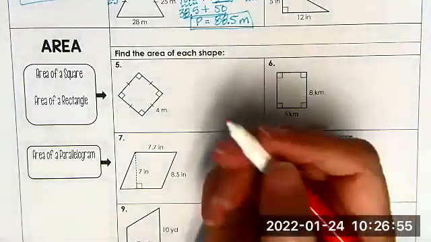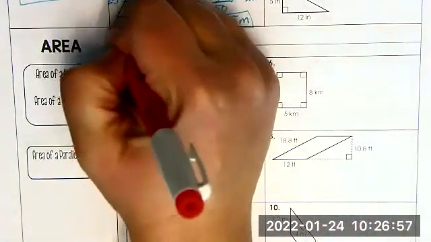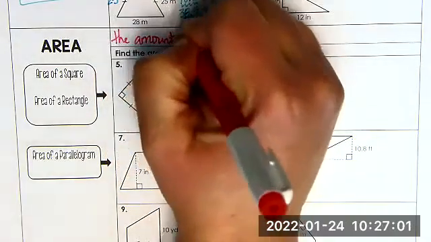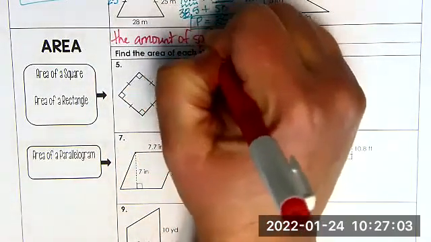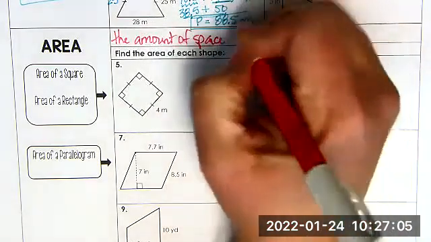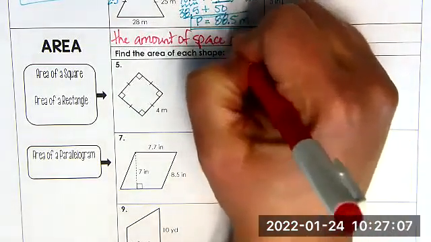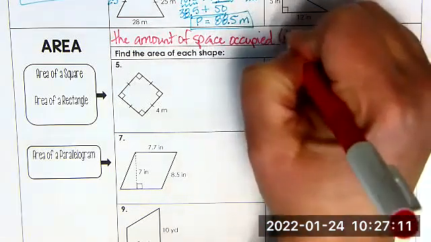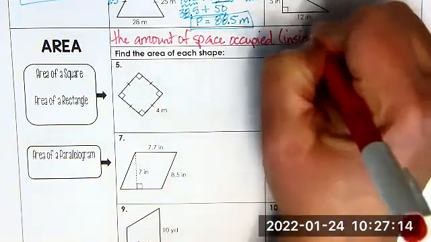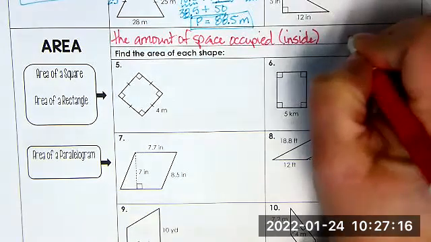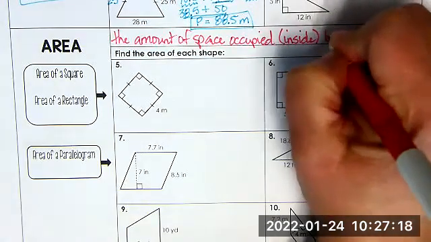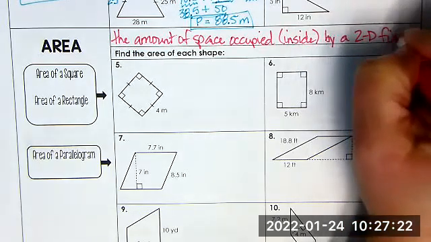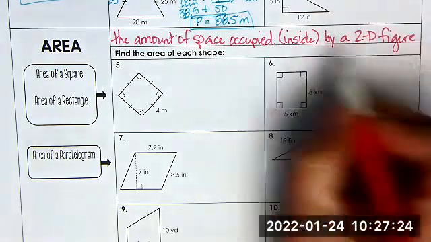Area is the amount of space occupied or inside by a 2D, two-dimensional figure.